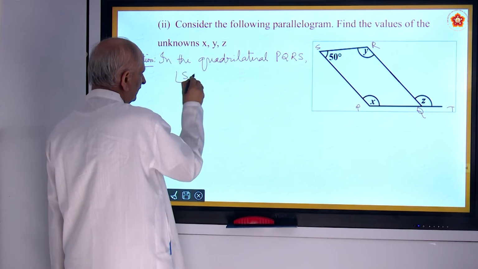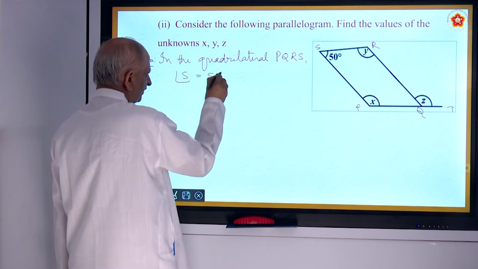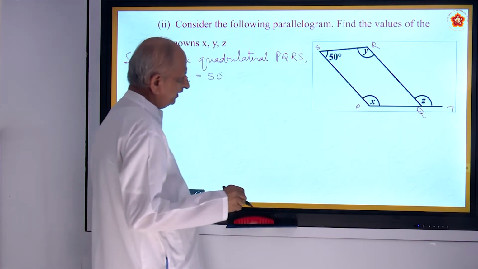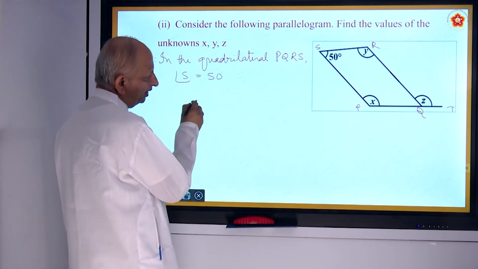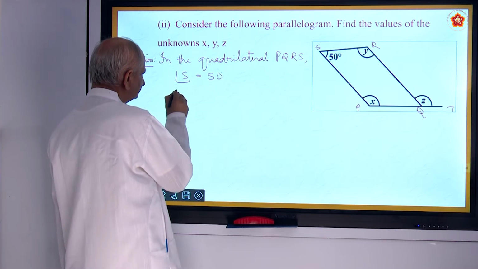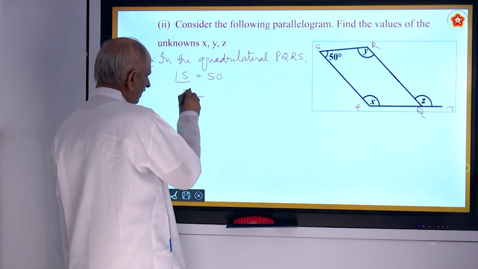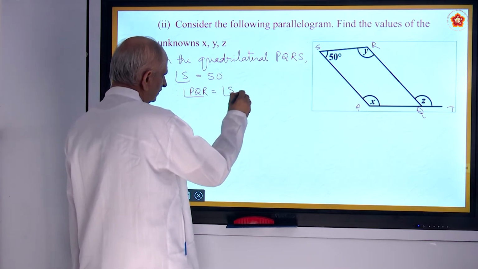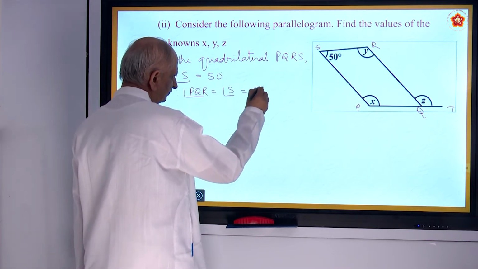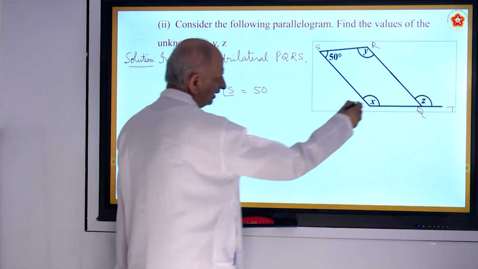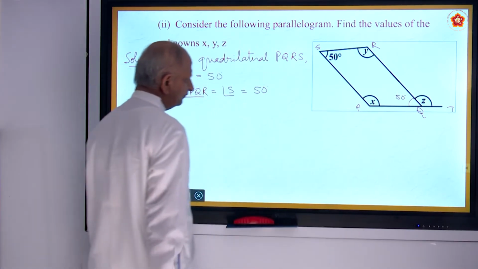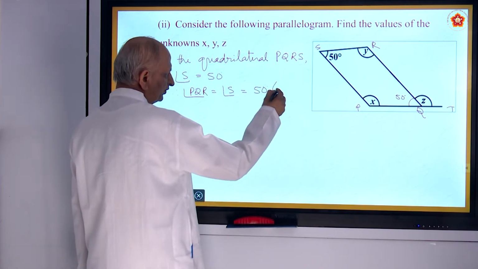Angle S is given, how much? 50 degrees, and therefore, if S is 50, what is PQR? Angle PQR is equal to angle S, which is 50 degrees. So, you must take the interior angle, this angle. You must give reason also.